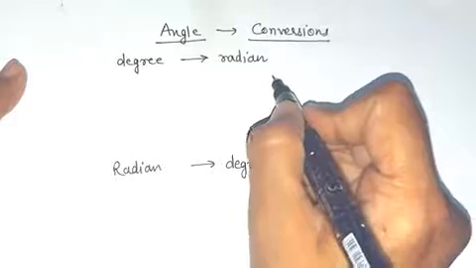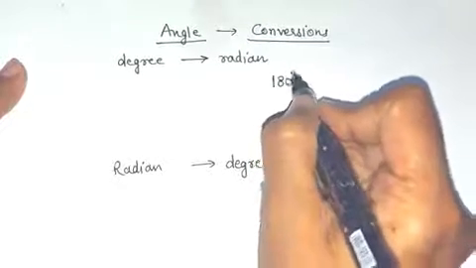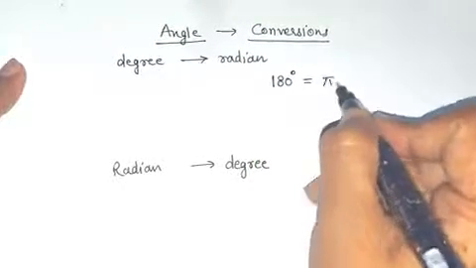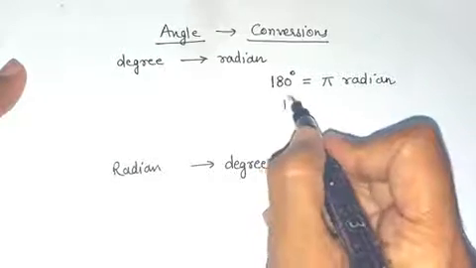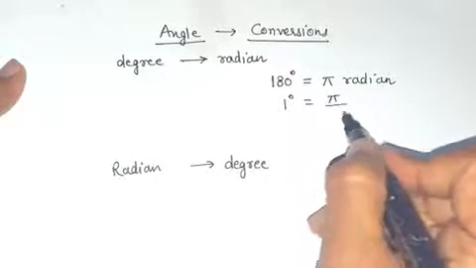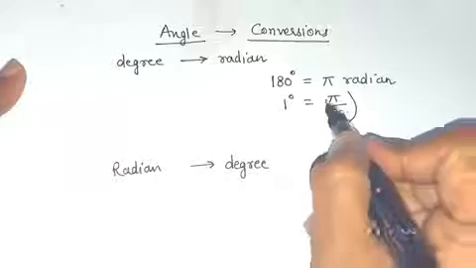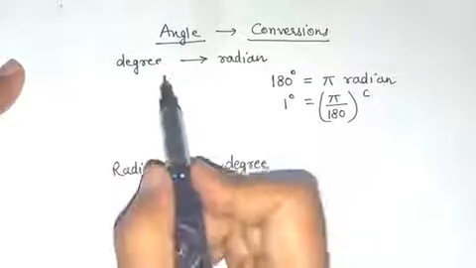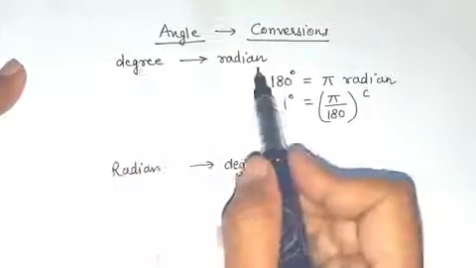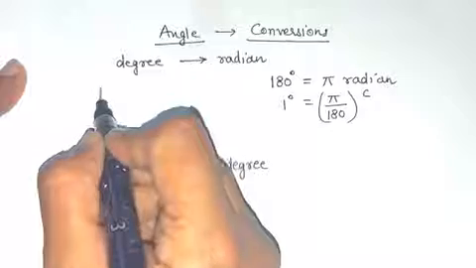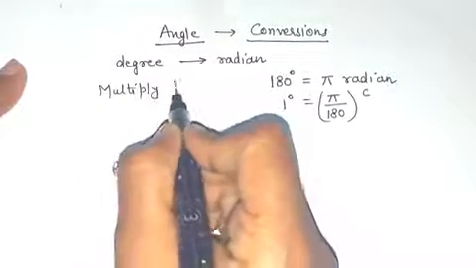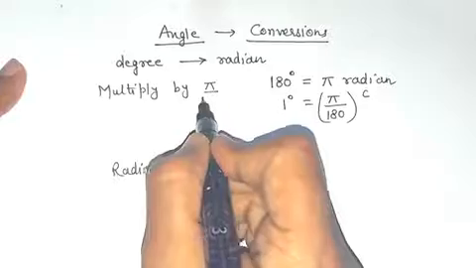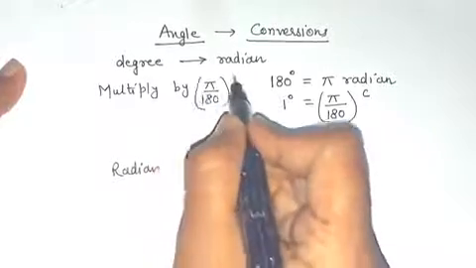So as we know that 180 degree equals pi radian, therefore 1 degree equals pi by 180 radian. Hence to convert degree into radian, always multiply by pi by 180 radian.